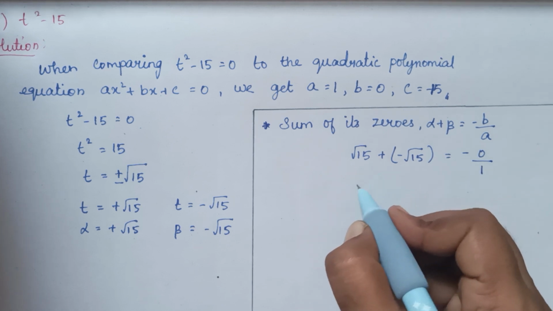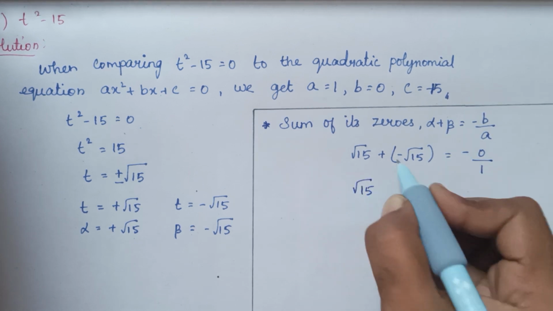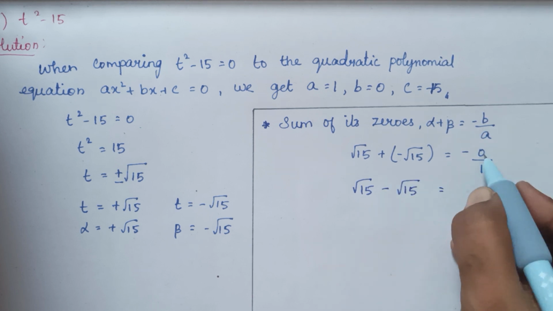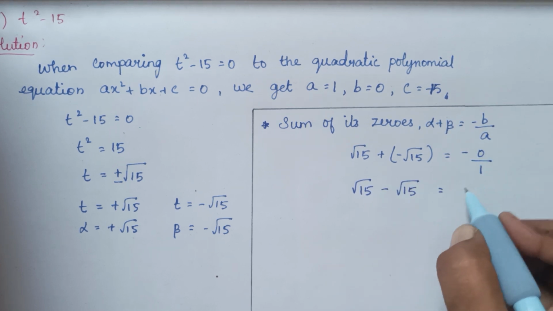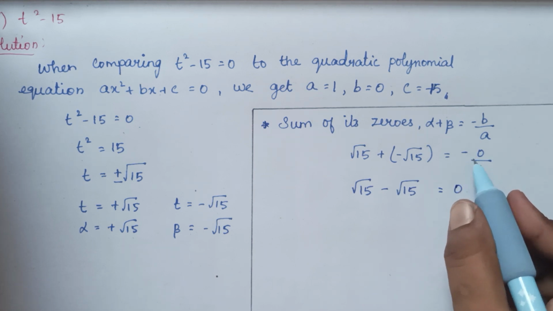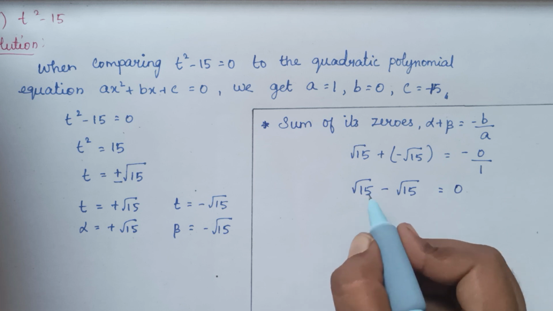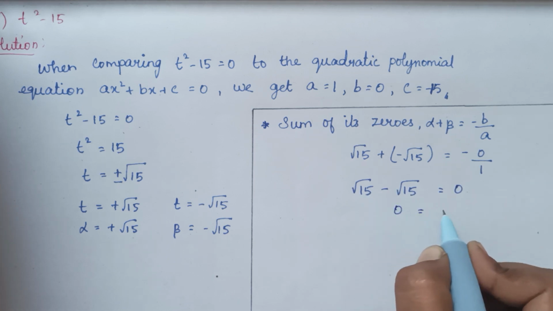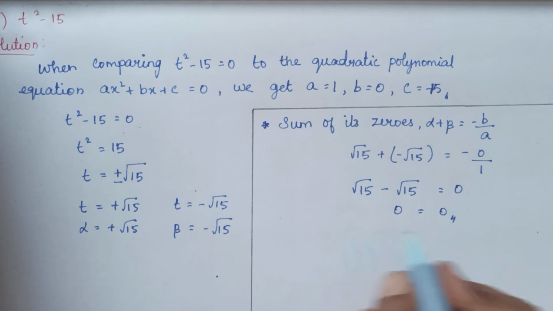So now root 15 minus root 15 is equal to 0 divided by 1, 0. So minus is in 0, we don't need to mention minus or plus anything. Okay. So now root 15 minus root 15 is equal to 0 is equal to 0. Okay. So we get 0 both the sides.